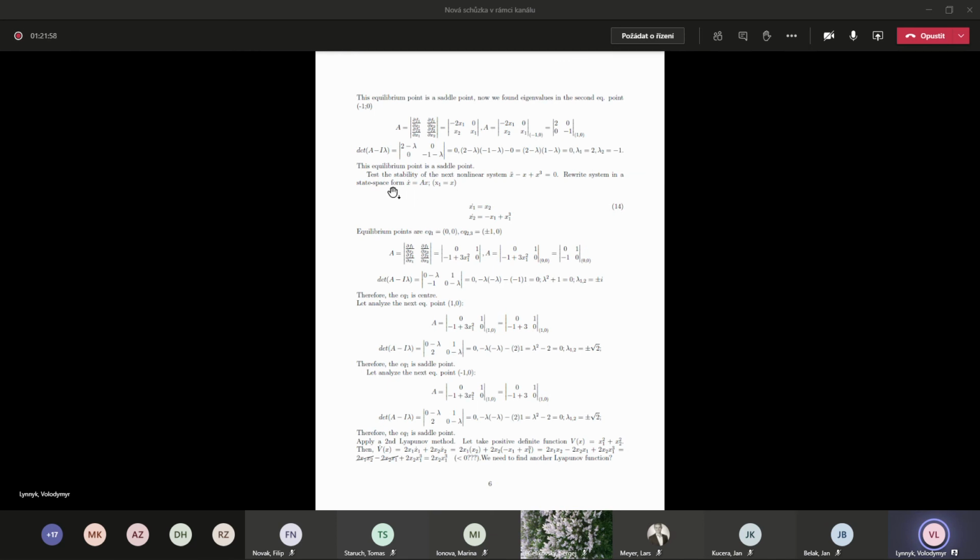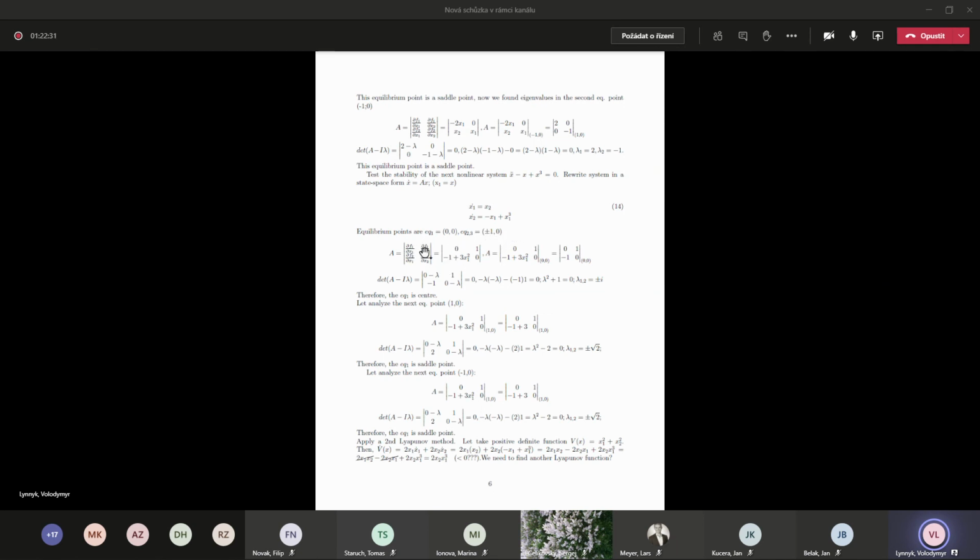And test the stability of the next nonlinear system: x double dot minus x plus x cubed equal to 0. We write the system in state space form: x1 dot equal to x2 and x2 dot equal to minus x1 plus x1 cubed, and the equilibrium points are first (0, 0), second (1, 0), and third (minus 1, 0).